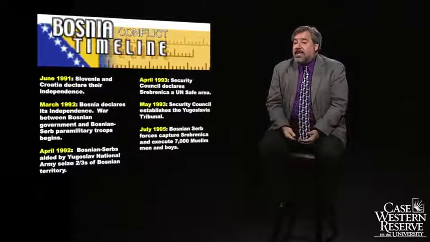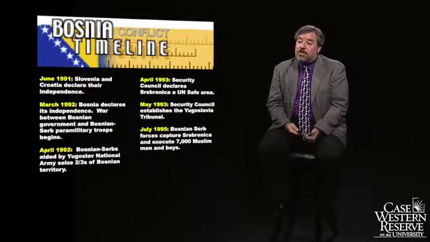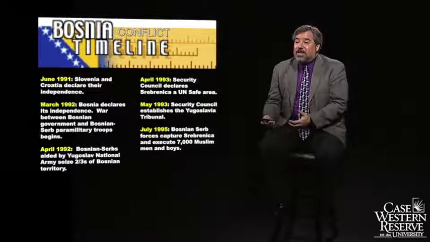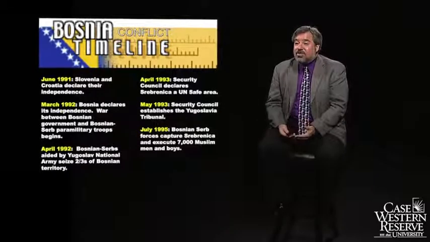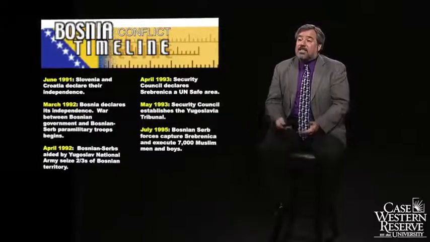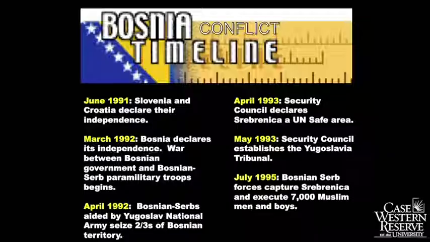Now, in March 1992, Bosnia had a really difficult choice. Do they join Slovenia and Croatia, or do they stay in what is becoming a Serb ethnic dictatorship? And they decided to do the brave thing. They had a plebiscite, and they decided to declare independence. But it was pretty obvious what was going to happen, and that is in fact what happened: the Serbs aided the Bosnian Serbs, and the Bosnian Serbs took over two-thirds of the territory.